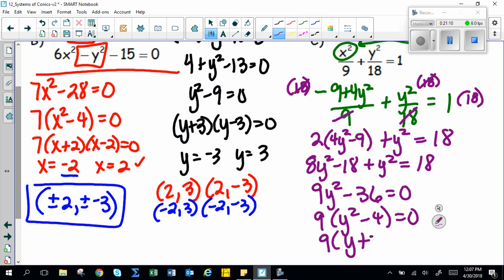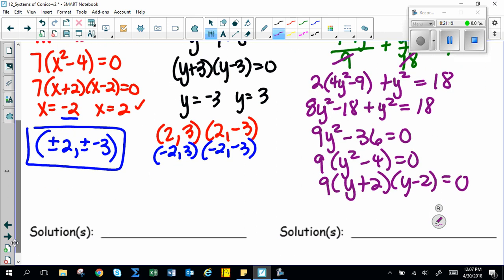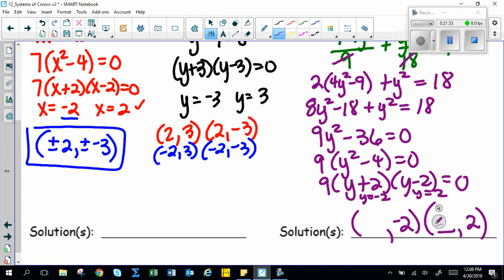So I have a y plus 2 and a y minus 2. So I have half of my answer: something comma negative 2 and something comma positive 2, right? This gives me y equals negative 2. This gives me y equals positive 2.